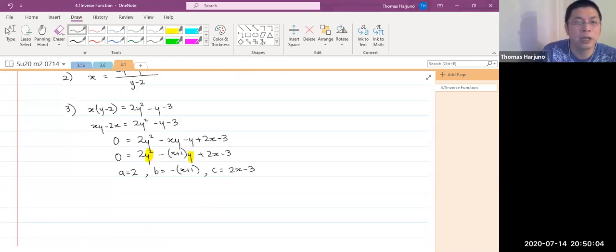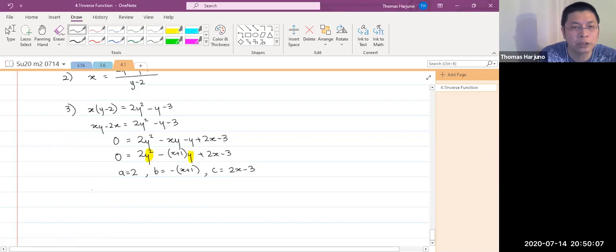Now, remember that to solve this quadratic equation, the first thing I usually tell you to do is to look at the discriminant, and the discriminant has to be non-negative, right? So the discriminant is negative (x plus 1) squared minus 4ac.